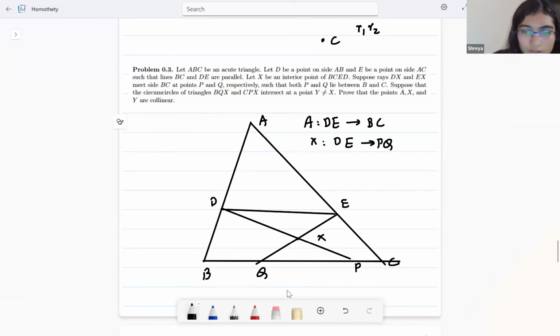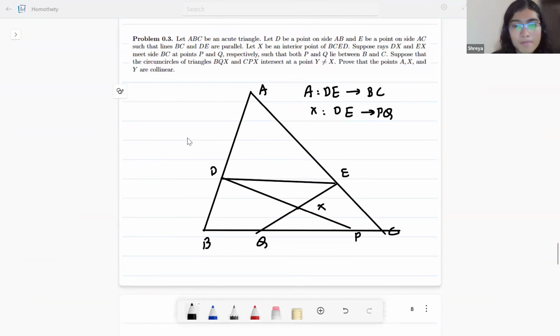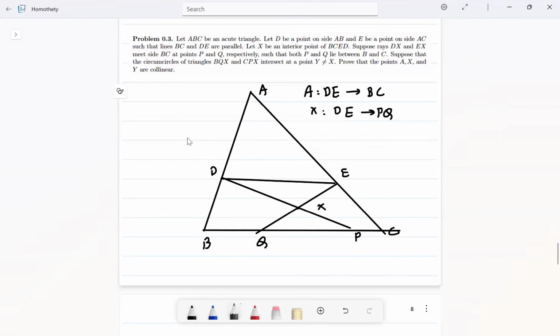And these are two natural homotheties to consider because of the intersections. First one looks better. It does. But then P and Q are quite random. You wouldn't know what to do with P and Q.